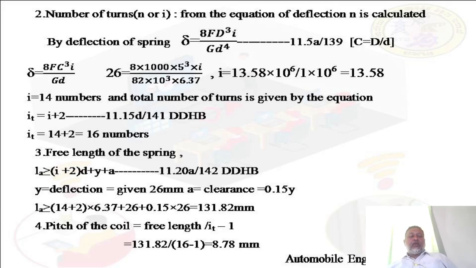Then pitch of the coil is given by free length by I total minus 1, which is 131.82 divided by 15, nothing but 8.78 mm.